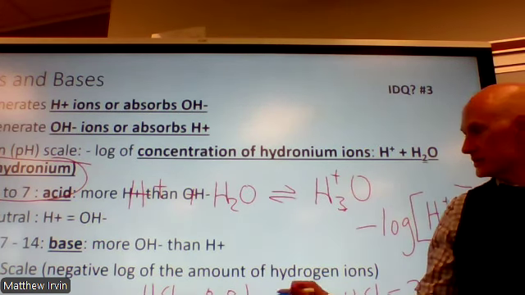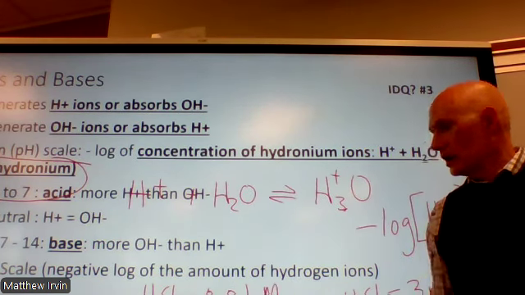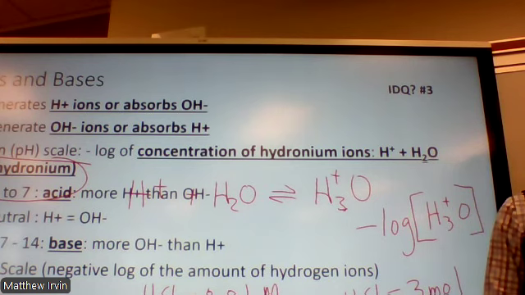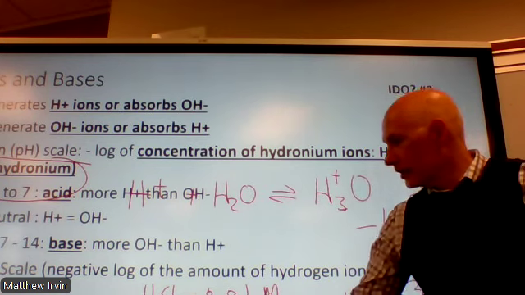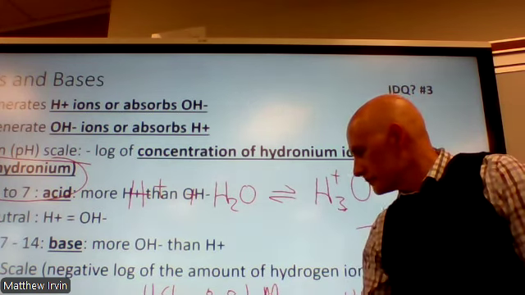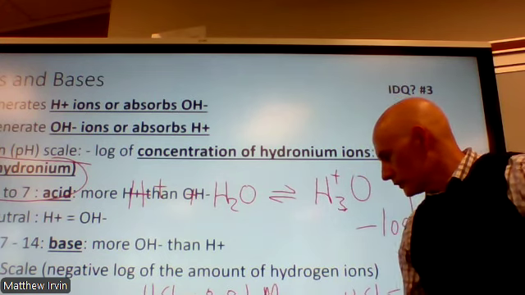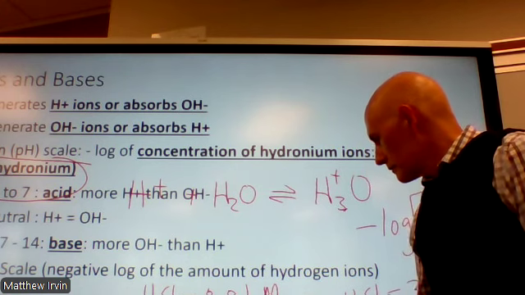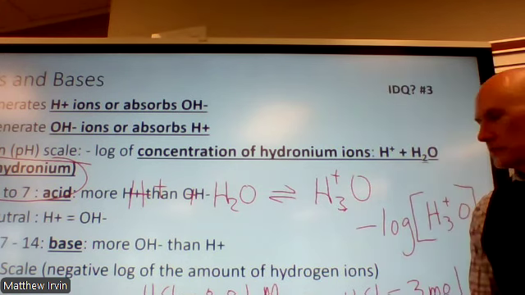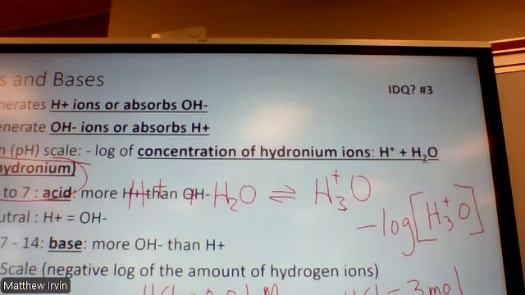So this would be the concentration of your stomach acid. And so if you did the negative log of that, that would be a pH of 2. So the higher this concentration, so if you did 3, that would be even higher. You get a negative pH, which is possible.